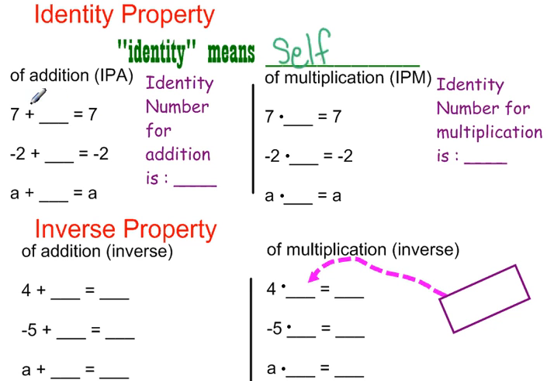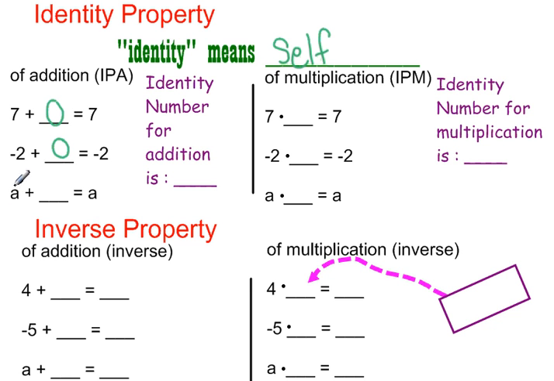There's only one number in the entire world of numbers that can fit right here, and that's a 0. 7 plus 0 is 7. I began as the number 7, I ended as the number 7. What about with -2? -2 plus something will keep me a -2. The number is 0.